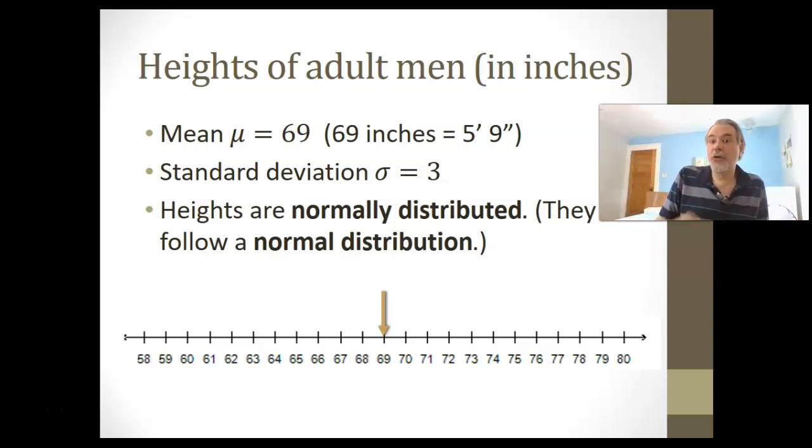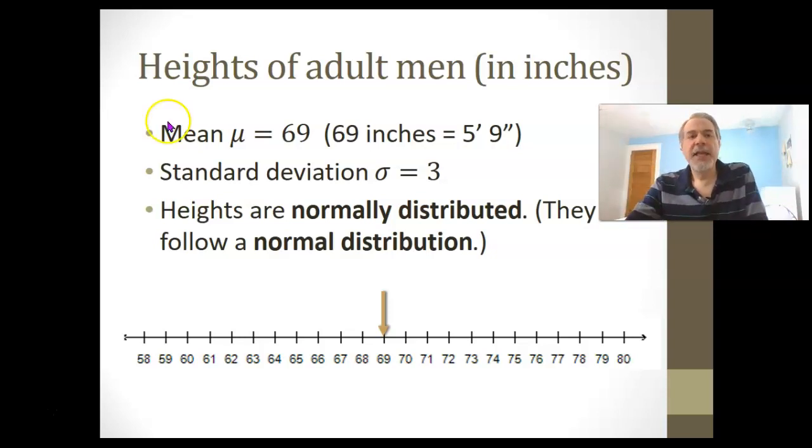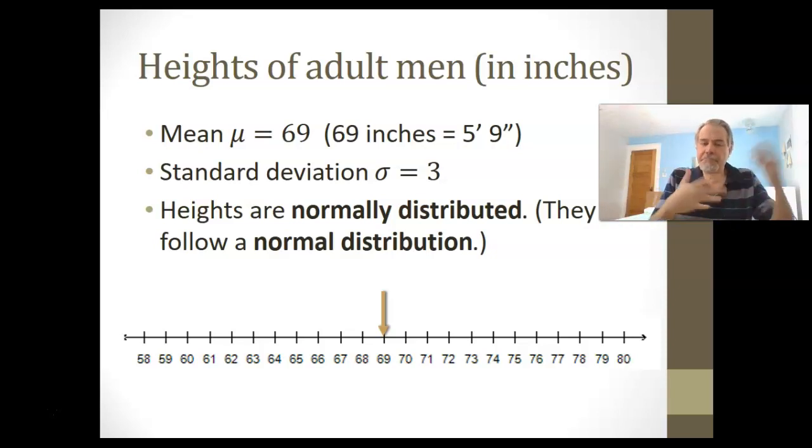What does it mean that they are normally distributed? Now, these things that I've got listed here, they may or may not be exactly accurate. The average height might not be exactly 69 inches. It might be a little more or a little less than that, but we'll work with this and kind of assume that these things are all accurate.